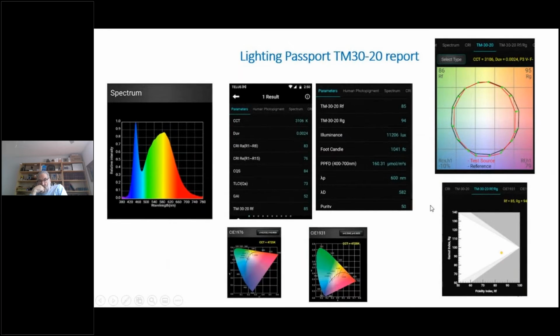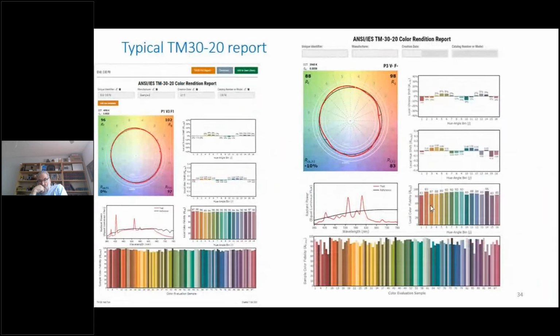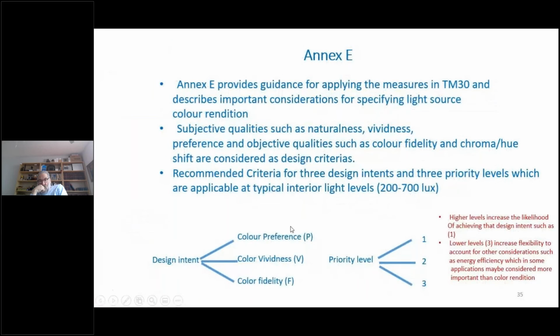So if we go back again, you can see in this case we have P3. Let's start with this P1 V3 F1. So you can say it's very pleasing, it's very vivid, and it has a very good fidelity, which you can also see from the curve. And in this case, P3 has pleasantness, and V minus and F minus means it doesn't satisfy any of the criteria for vividness or fidelity.